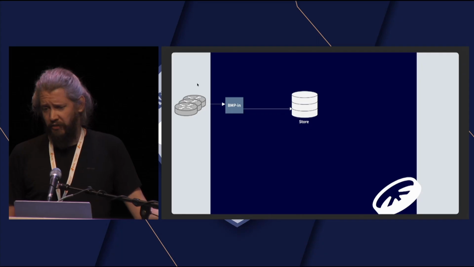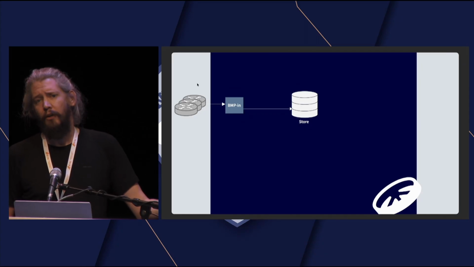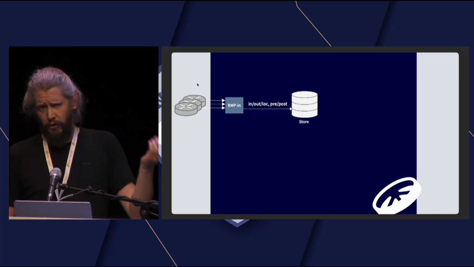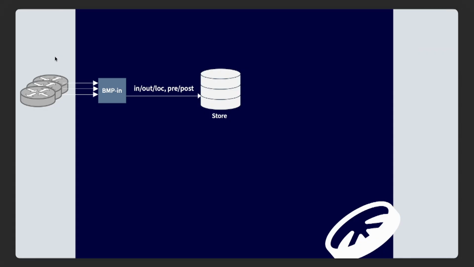So how do we feed stuff into the store? Surprise, surprise, with BMP. We have a BMP connector, and not only will BMP give you information about all the sessions of all the peers on that router that is exporting the BMP feed, it will do so for multiple RIB views, if you will.